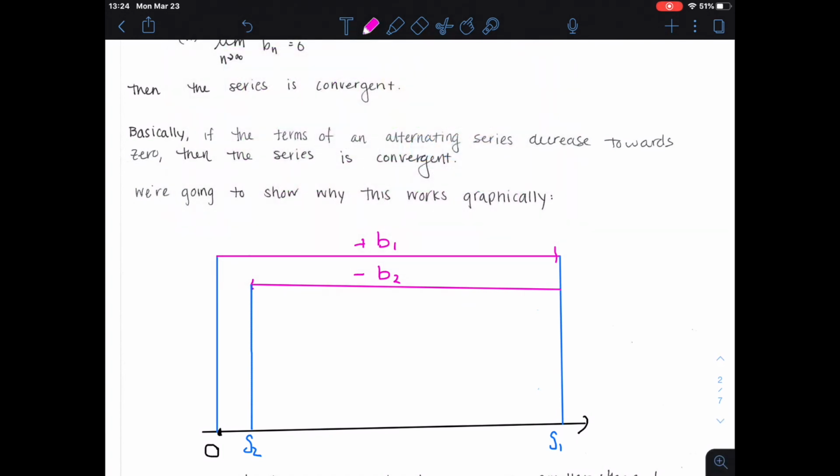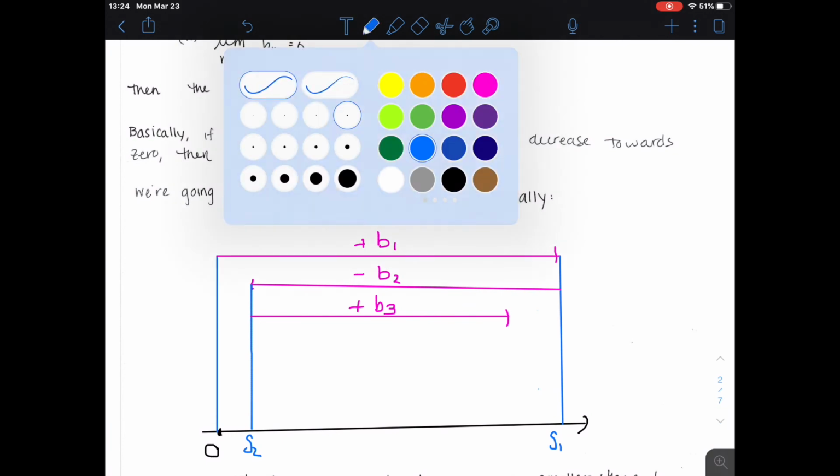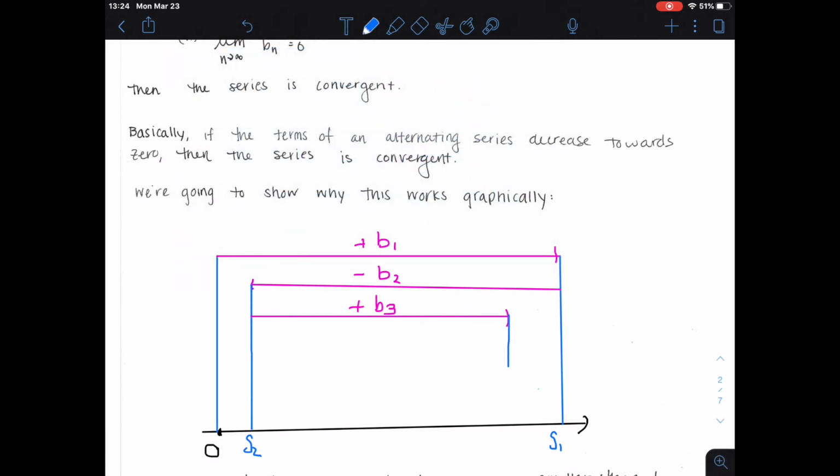So we're alternating back and forth. We had a positive term, we had a negative term. Now I'm going to add b3 to this. But again, it's smaller than b2. So I don't go the full length that b2 was. And this is where our third partial sum would land, S sub 3.